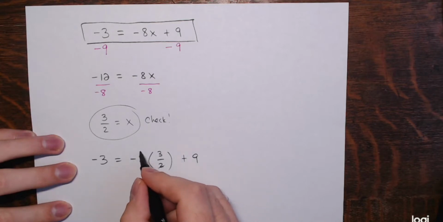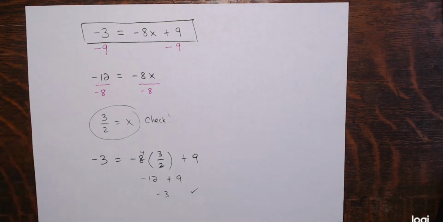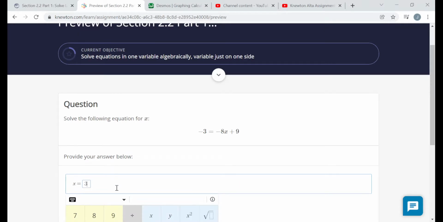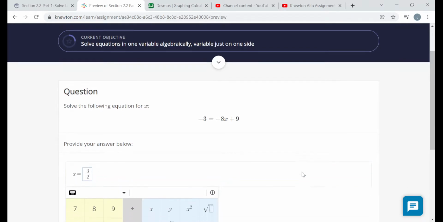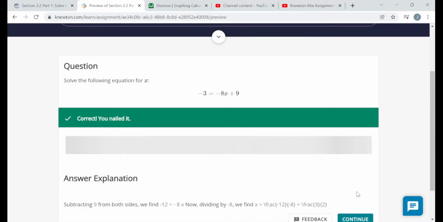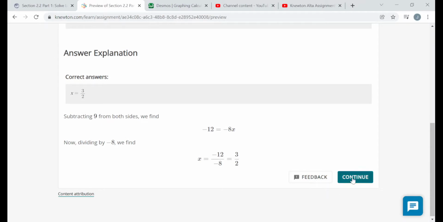This is negative 4 times 3, that's negative 12 plus 9. Is that equal to negative 3? Absolutely. We have negative 3 equals negative 3. It works. So 3 halves, 1.5 is our good solution. So back here, x equals, just enter the number, the solution, 3 halves. Wonderful. And again, please read through the answer explanations.